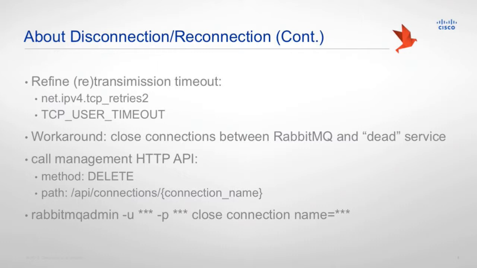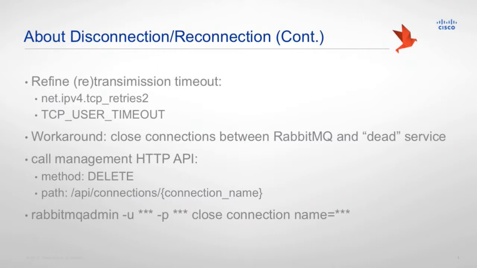That means, for example, in the previous case I mentioned, if we have multiple Nova nodes and you shut down one Nova controller node without touching RabbitMQ, RabbitMQ will not know this connection is closed until about 15 minutes later. So we decrease this tcp_retries number to some value that you need to test.